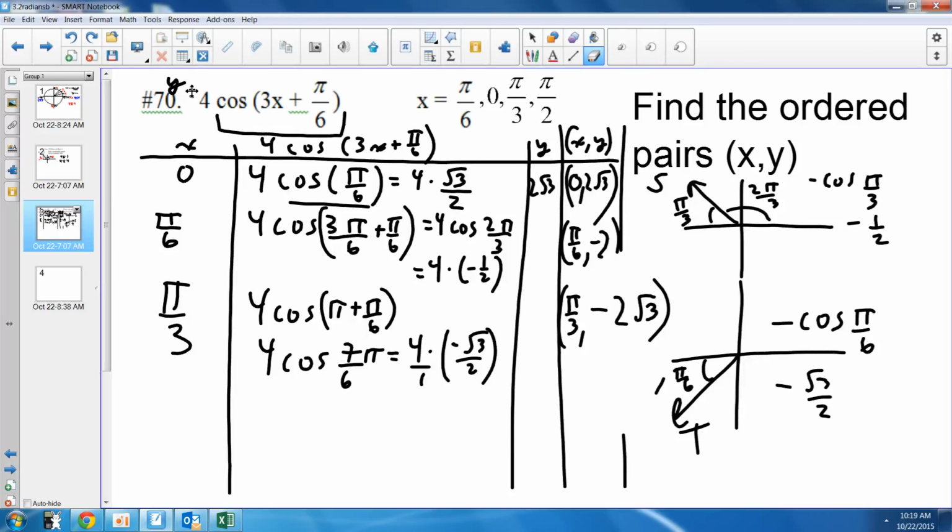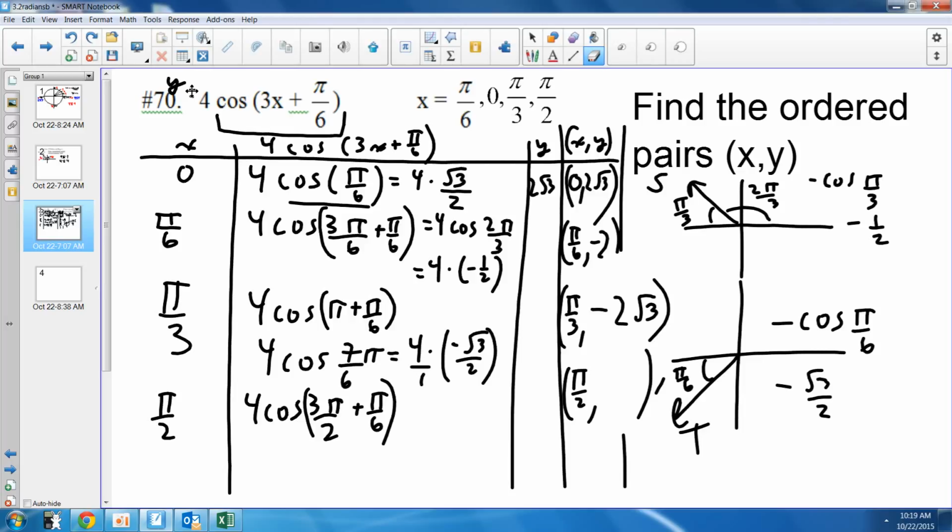Last one, pi over 2. Well, this becomes 4 cosine of 3 pi over 2 plus pi over 6. So I have to somehow be able to add those fractions. Let's see, I've got to do common denominators.